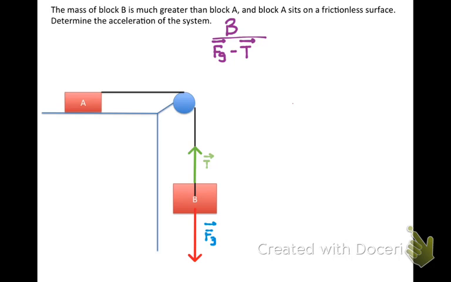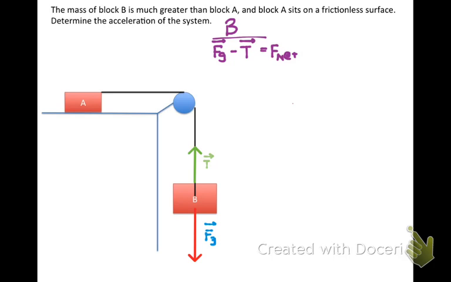These two forces combine to produce some sort of net force, and we're expecting some sort of net force because block B has such a much greater mass.